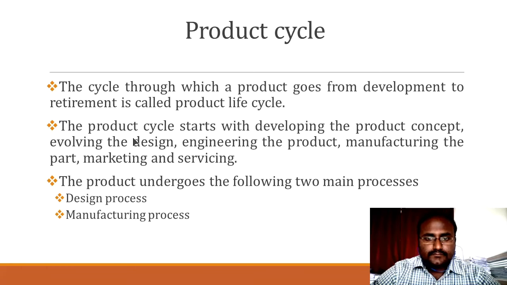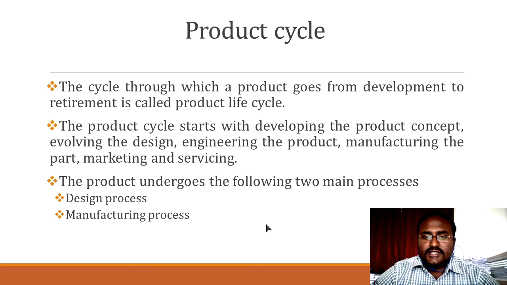Okay. So first, I have to know about basics of product cycle. So product cycle means it is one of the cycles that goes from the development to retirement of the product. It is called the product life cycle. That is, the product from its starting period to its ending period is called the product cycle.